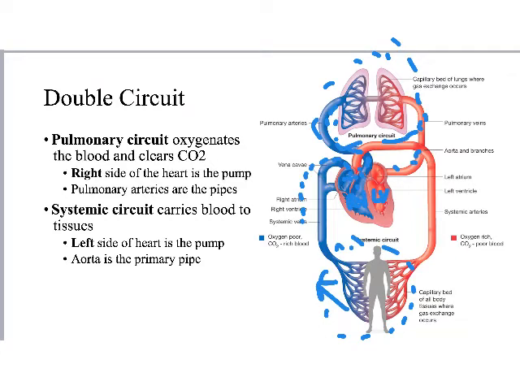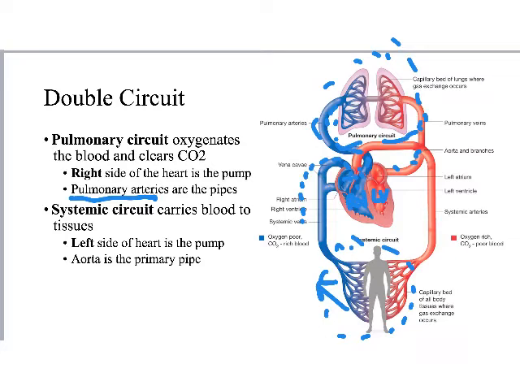So we talked about the pumps already for the right and for the left heart, but the primary pipe for the pulmonary circuit is the pulmonary arteries. They come off of the right ventricle through that semilunar valve, and then you get the pulmonary artery, which splits into right and left to go to the right and left side of the lungs.